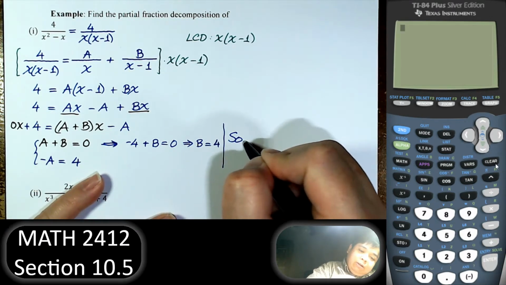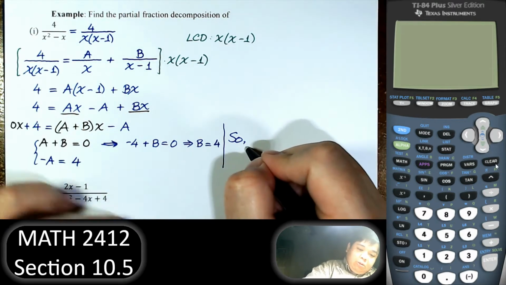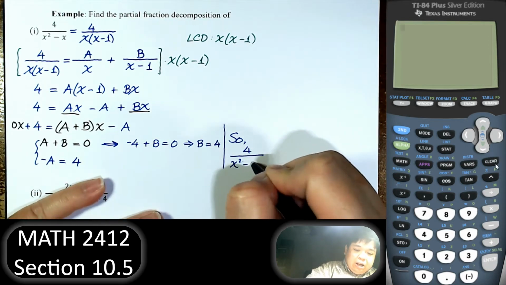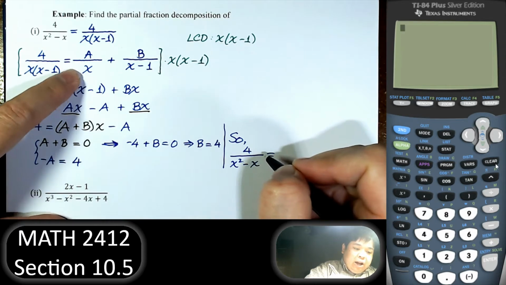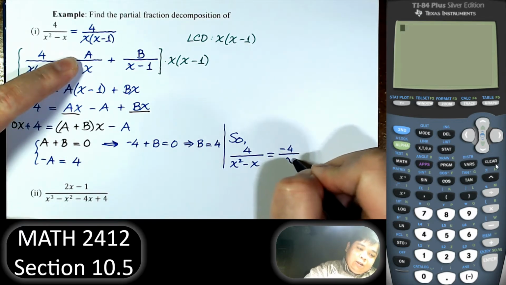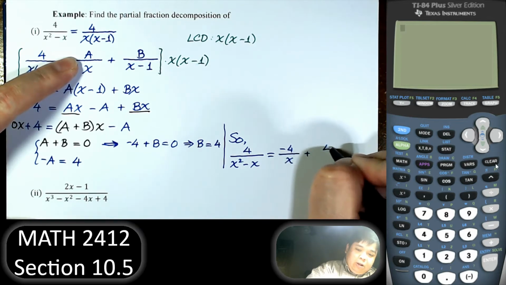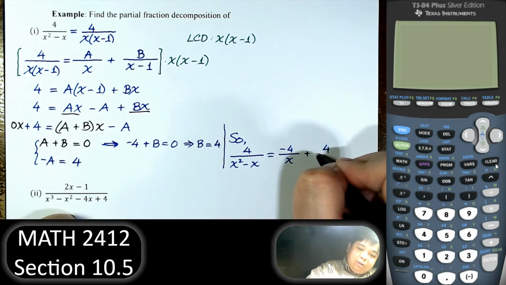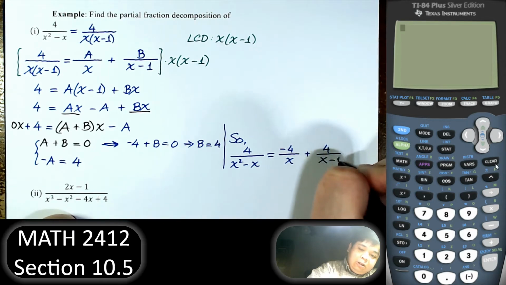So we have that initial problem for x squared minus x equal to a over x, which is negative 4 over x plus 4, which is b over x minus 1.